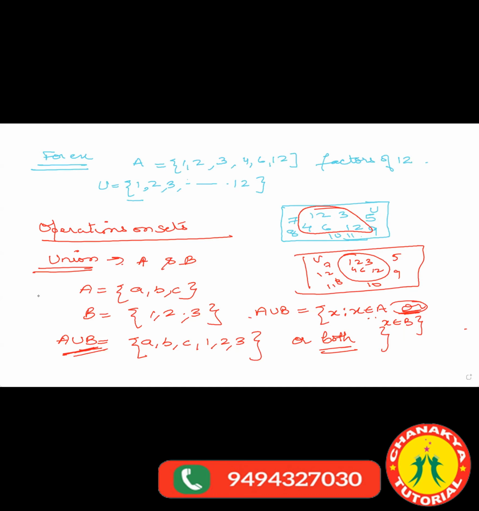Now next is, see, देखो. For example, suppose A set is 1, 2, 3, 4, 5 and B set is 1, 3, 5, 7, 9.